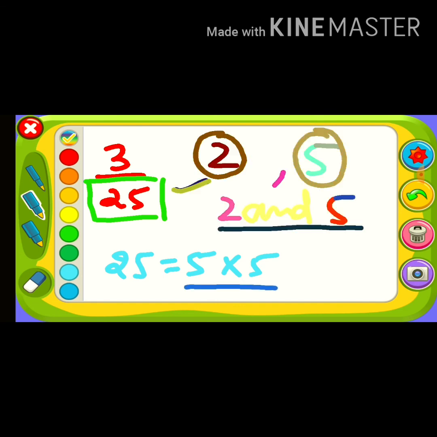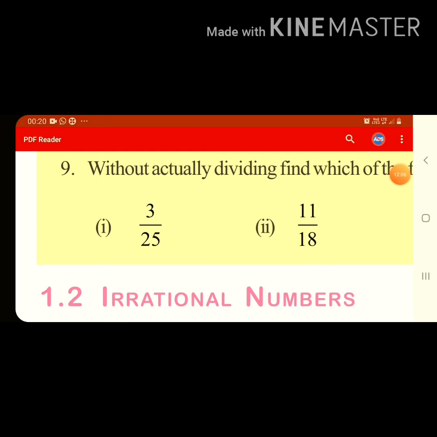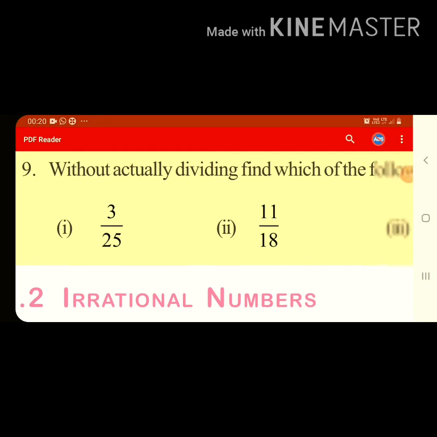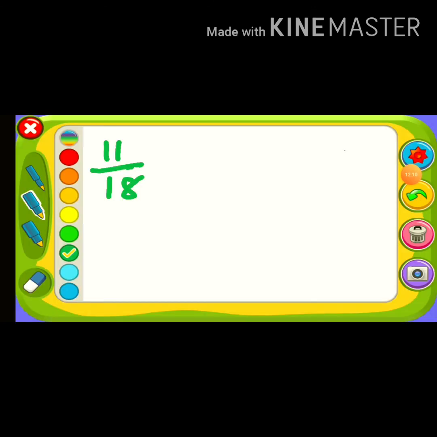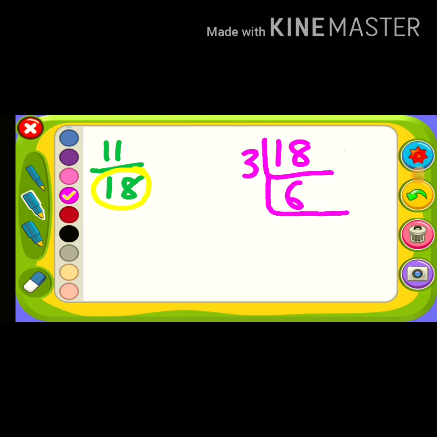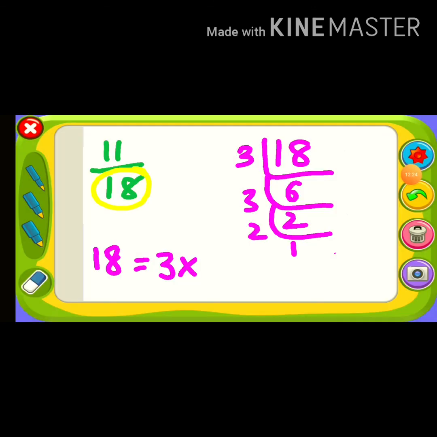Look at the denominator, which is 18. 3 6s are 18. Let's prime factorize it. 2 3s are 6, 3 1s are 3. So the prime factorization contains 3 into 2. Again, let's look at the rule.